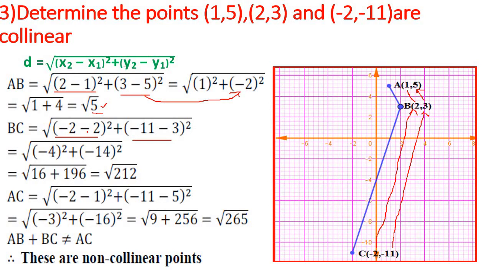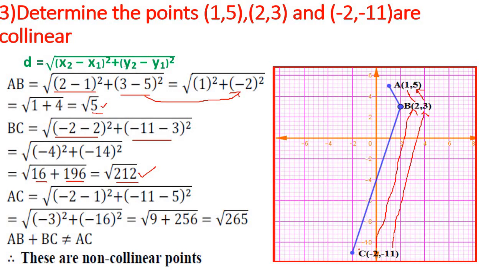Then minus 2 minus 2 is minus 4, square, plus minus 11 minus 3 is minus 14, square. Minus 4 square is 16. Then minus 14 square is 196. Add these two, you will get square root of 212.